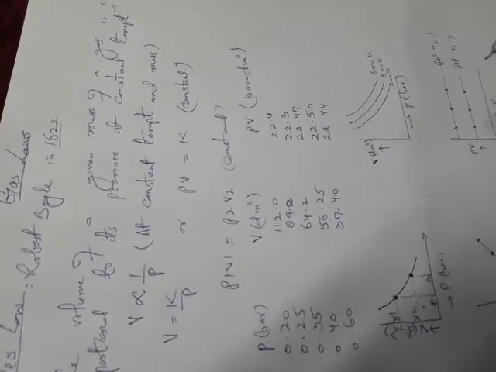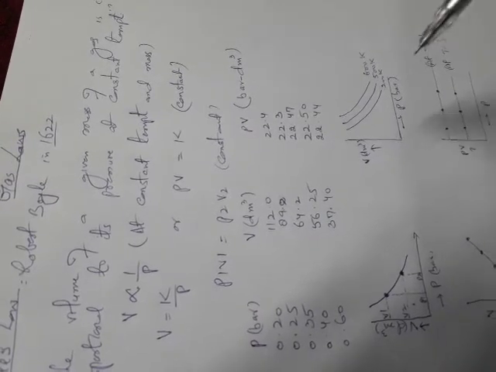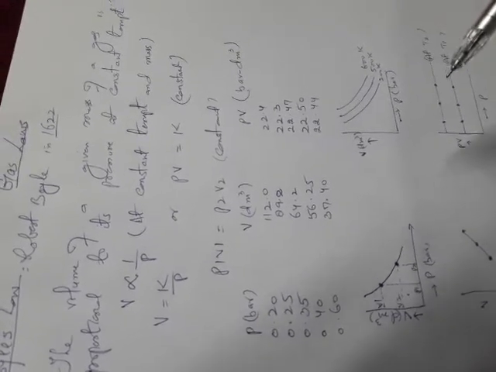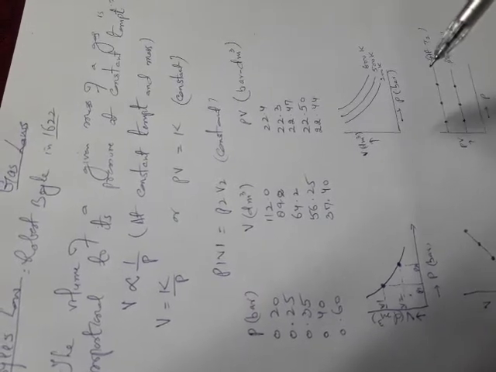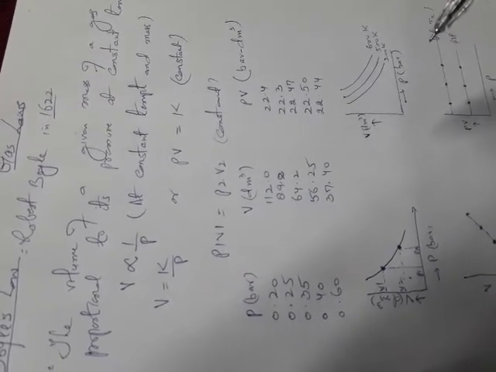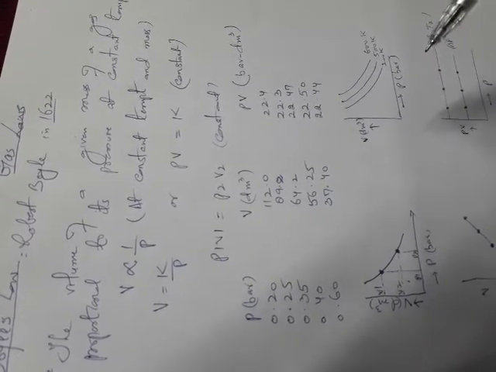As far as the importance of Boyle's law is concerned, when a given mass of a gas is compressed by increasing the pressure, the volume decreases. That is, the number of molecules per unit volume increases, or we can say density increases.